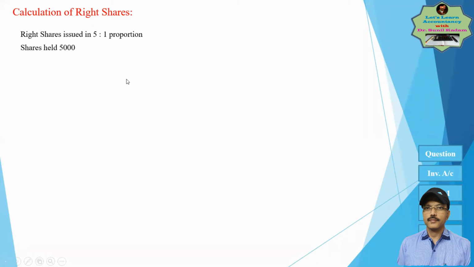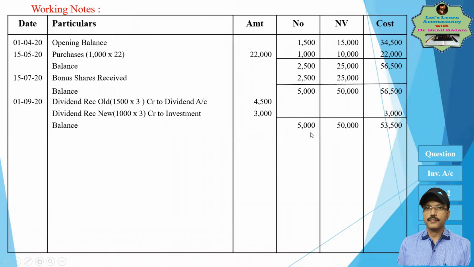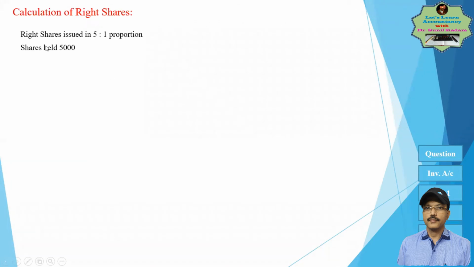Therefore, Mr. Ashok holds 5,000 shares. That's what we knew. See here in the working note. The number of shares held by Mr. Ashok is 5,000. Right shares to be received by Ashok: we will calculate the right shares because the proportion is 5:1. He holds 5,000.